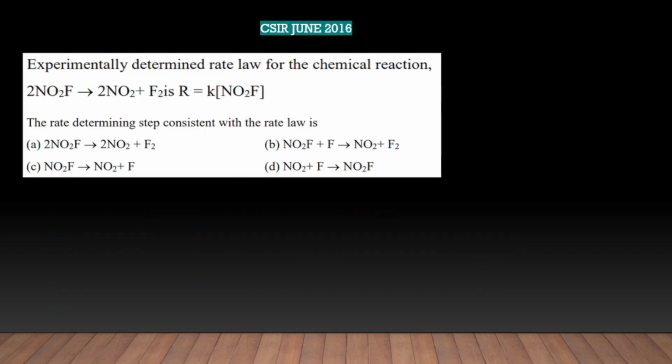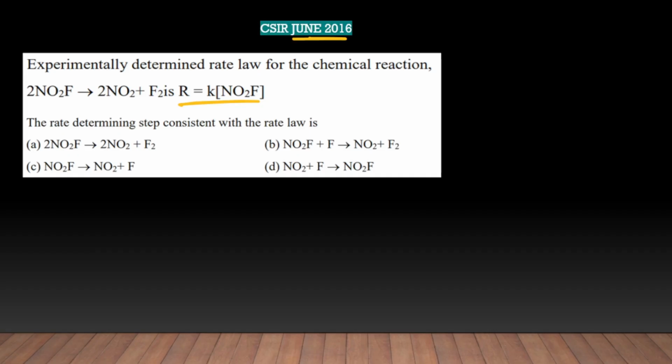Now next we have this one. So from the year 2015, all the questions we are done with. Now this is from the June 2016 exam. The experimentally determined rate law for a chemical reaction, the rate expression is this one, and rate is dependent upon the slowest step or the RDS step of the reaction.